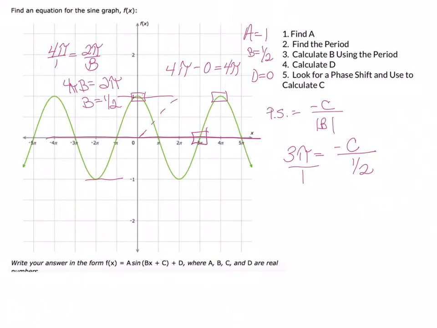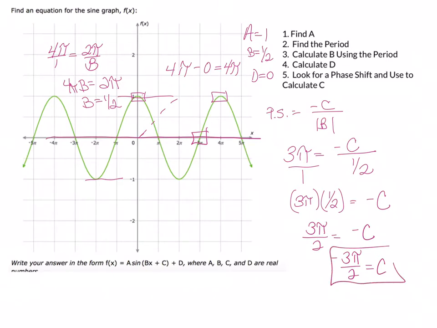So we're going to get 3 pi times 1/2 equals negative c. That's going to give us 3 pi over 2 equals negative c. But we don't want negative c, we want c, so divide by negative 1, and that's going to give us negative 3 pi over 2 equals c.